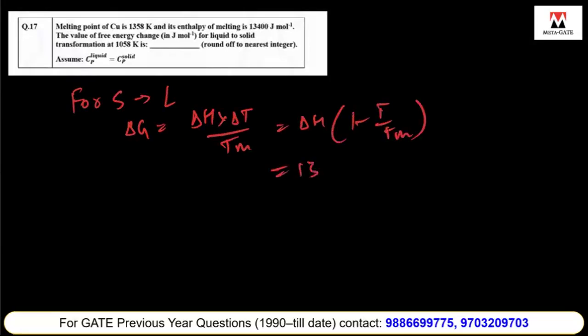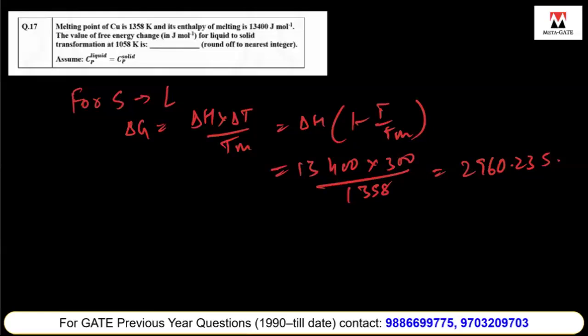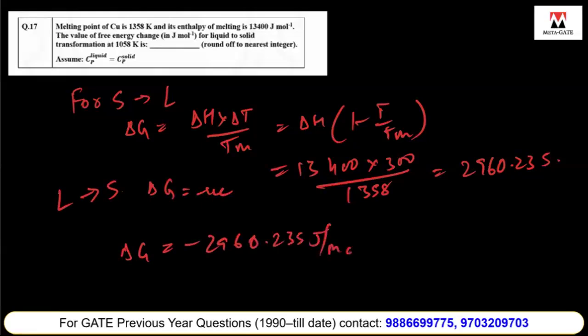It is 13,400 into 300 by 1358, which is equal to 2960.235. But here, the transformation is given from liquid to solid, so delta G will be negative. So delta G is equal to minus 2960.235 joule per mole.